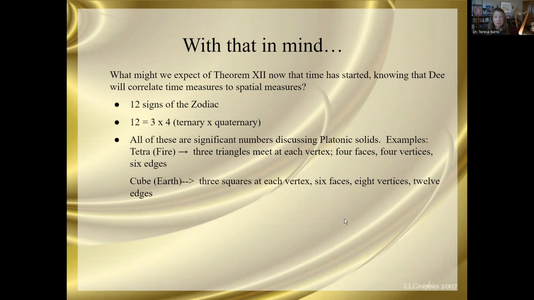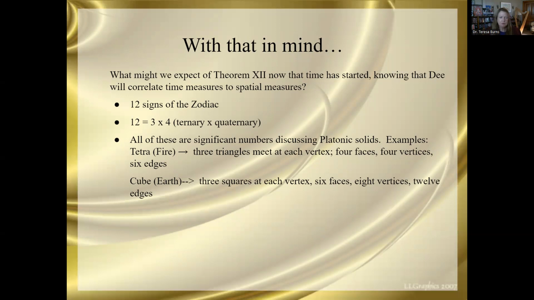It seems most of his favorite spatial measurements are in 12, which is associated also with the temporal measurement, unlike some numbers like 7, which you don't really see, frankly, in spatial measurements of Platonic solids. So let's just go through a couple of these as examples. Remember, we have the tetrahedron, so 4 triangles, ternary and quaternary again, associated with fire. 3 of them meet at a vertex.